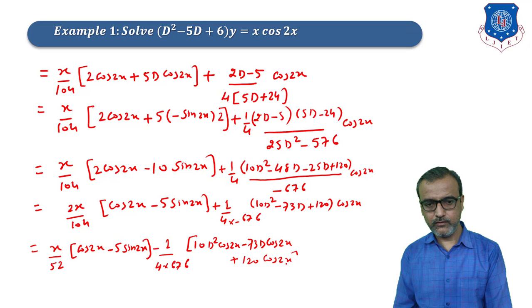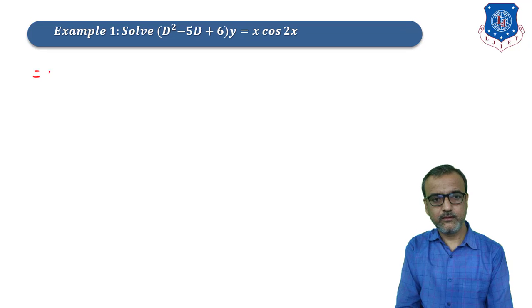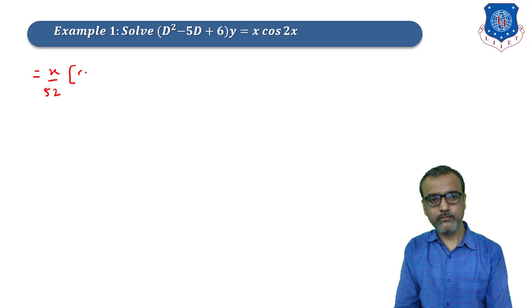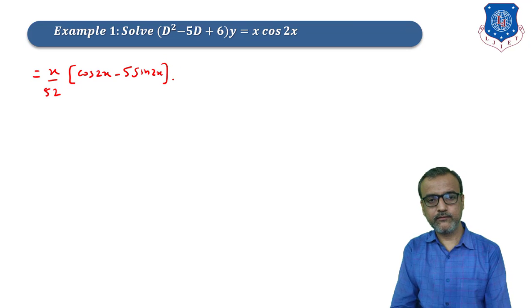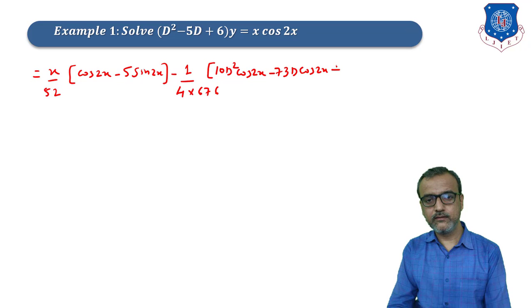Now we will simplify this result. x upon 52 cos 2x minus 5 sin 2x minus 1 upon 4 into 676, 10d square of cos 2x minus 73d cos 2x plus 120 cos 2x.